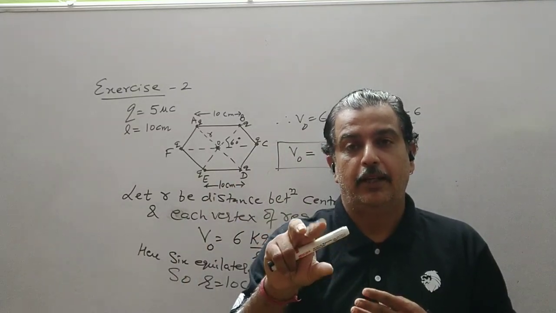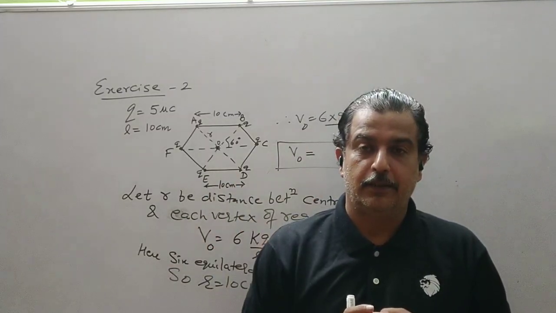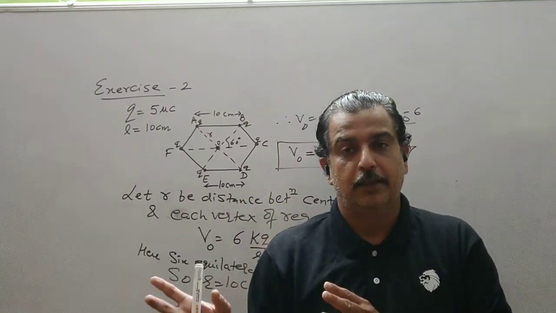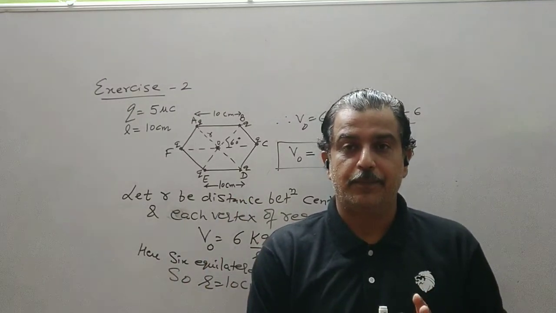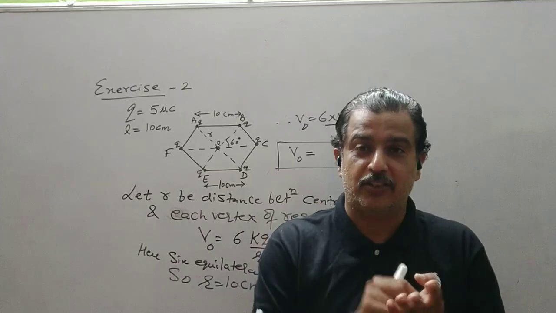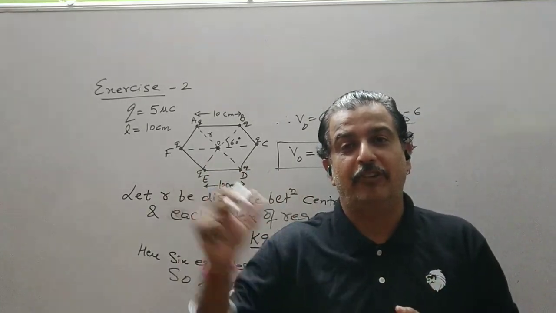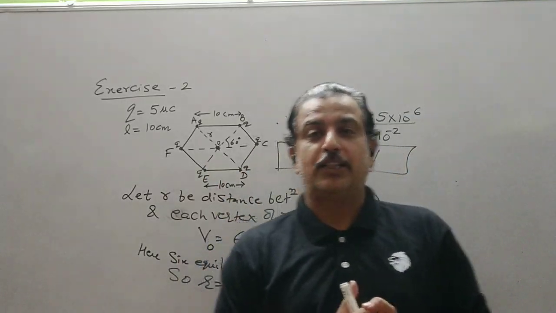For the spherical shell and the solid conducting sphere, the expressions remain the same. What we did extra was electric field intensity due to a solid sphere, which is non-conducting.